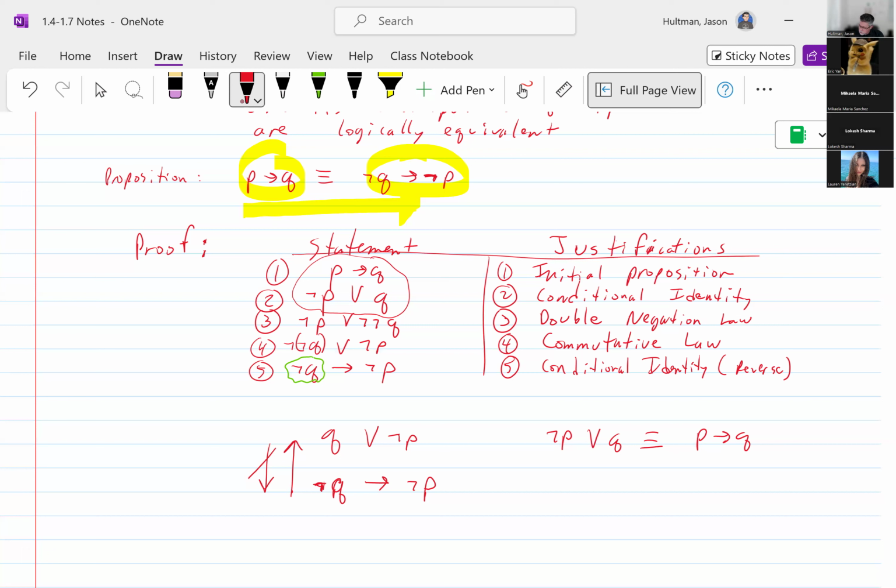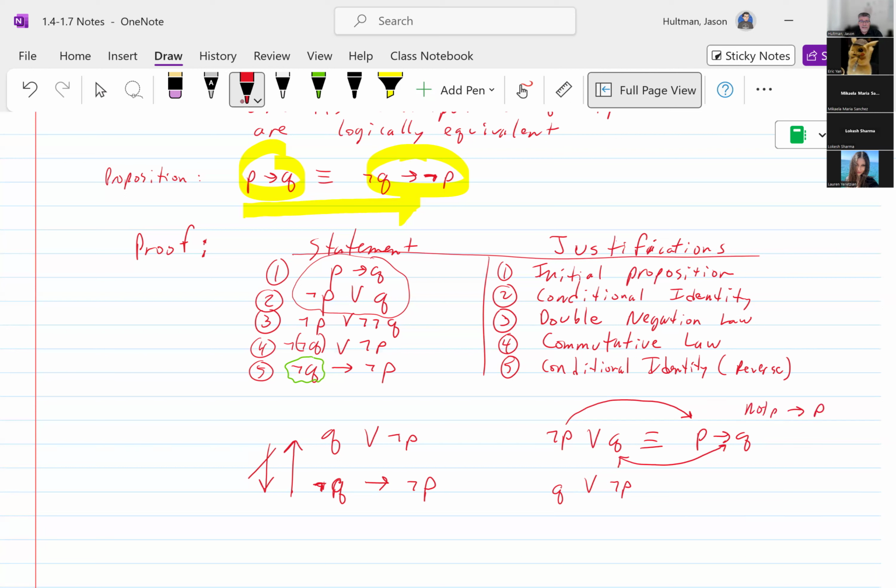If I had Q and not P, well, how do I go from this to this? How do I go from that to that? This to this is real simple. It's just the same thing. But how do I go from not P to P?